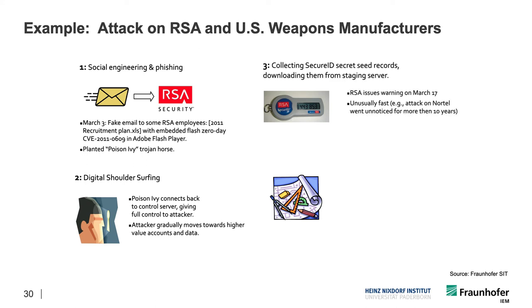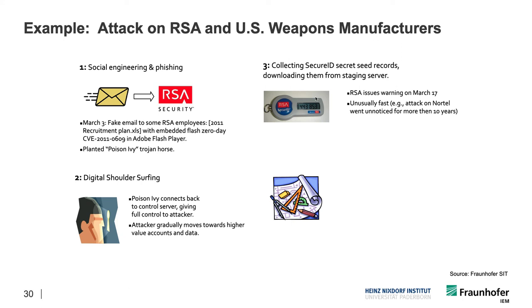That took them a few days. In the end, though, they were able to collect the SecurID secret seeds of these tokens. That means they were able to manufacture these numbers by themselves, basically, right? So they would be able to break into any network that was secured through RSA.